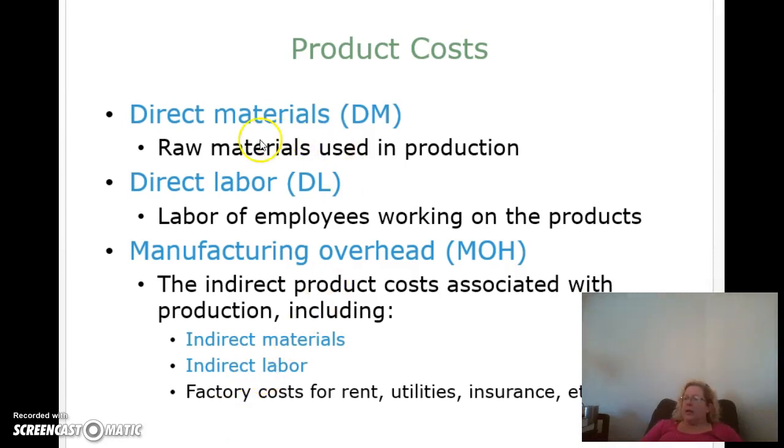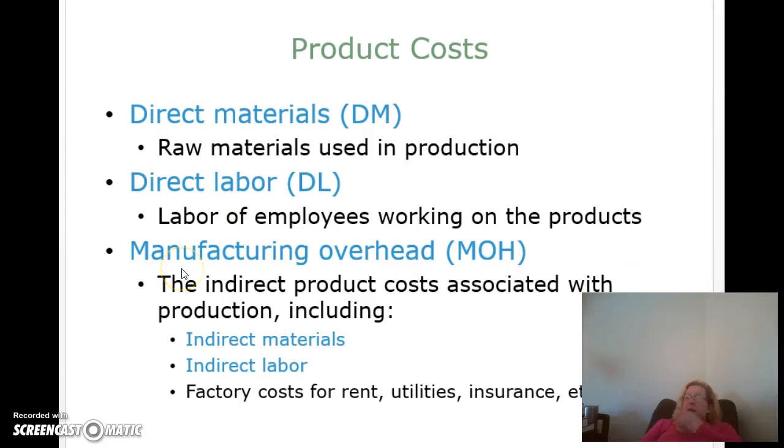Okay, so let's look at the slide here for just a minute. Direct materials, that's pretty easy. It's the raw material that goes into making the product. Direct labor is the labor of those employees who use the raw material to make the product. Those two are typically pretty easy for students to follow and understand.